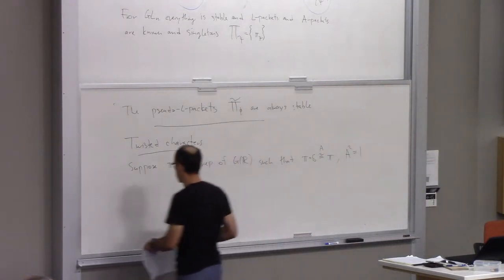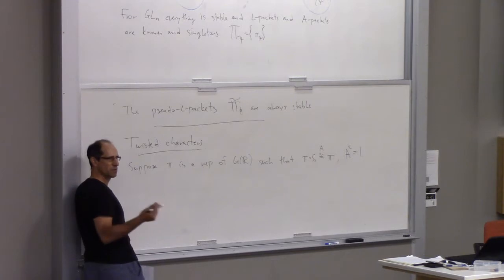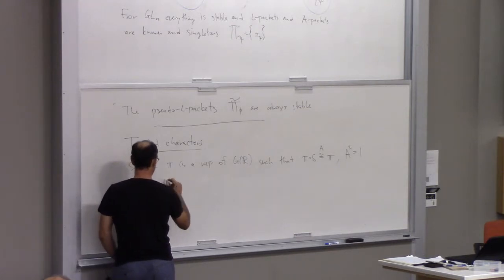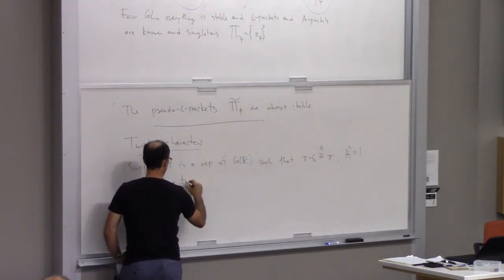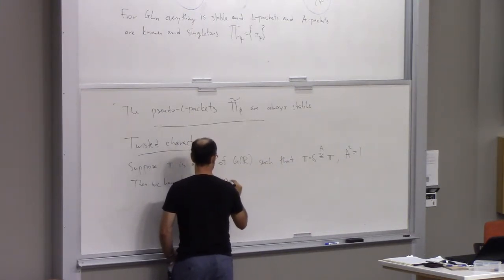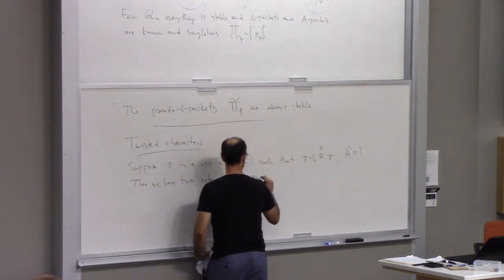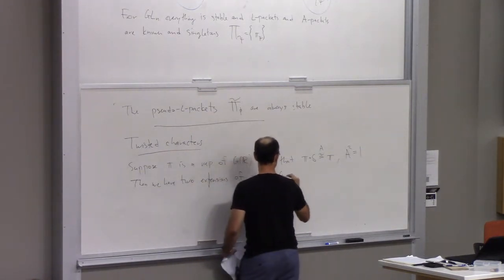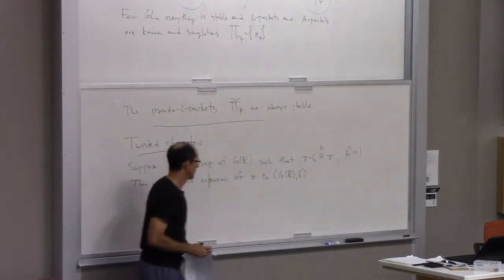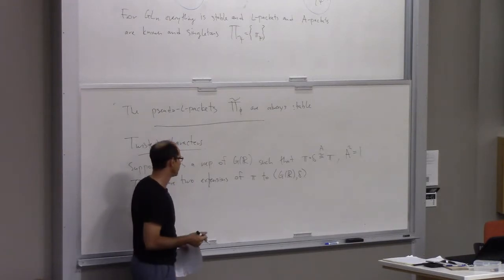We were talking about this before. So then we have two extensions of pi to the extended group generated by delta and G(R).